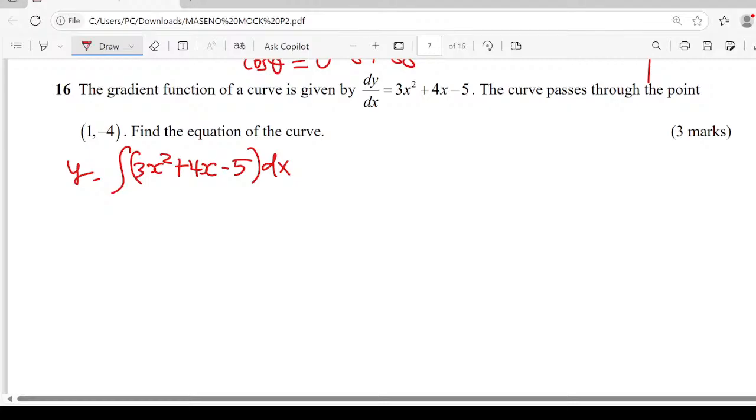So when you integrate, I'm going to get y equal to x cubed plus 2x minus 5x plus c.